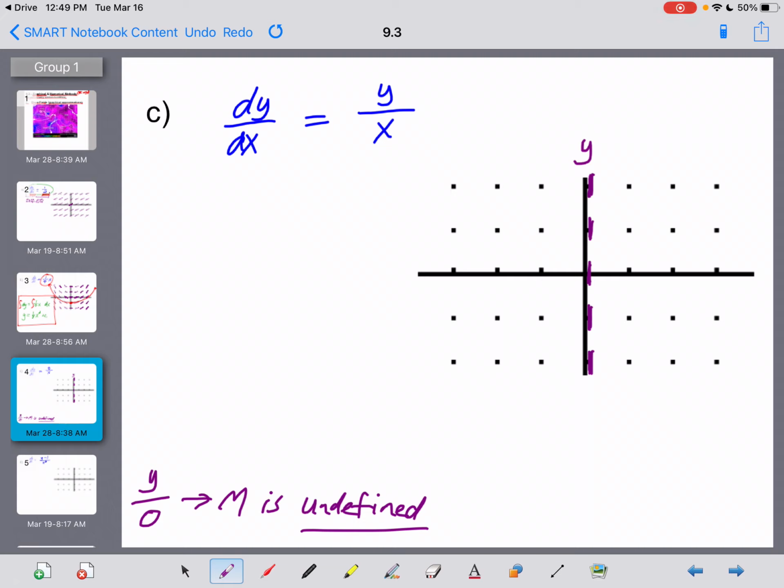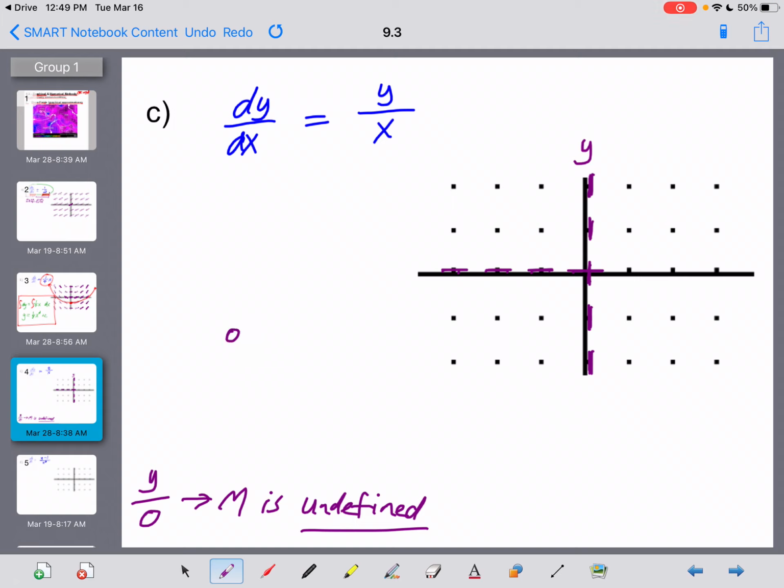So you want to be careful here. We're now going to draw our horizontal tangent segments. That will occur anywhere that y is 0, but x is not. So I think we're going to have 6 of those points here, here, and here. But guys, this is really important, not at the origin.